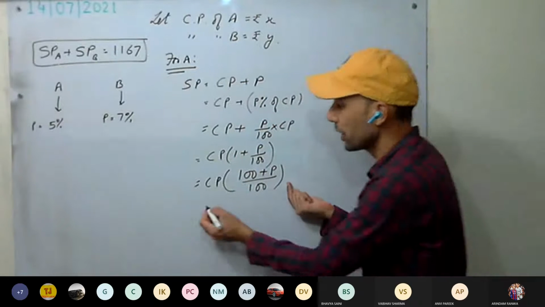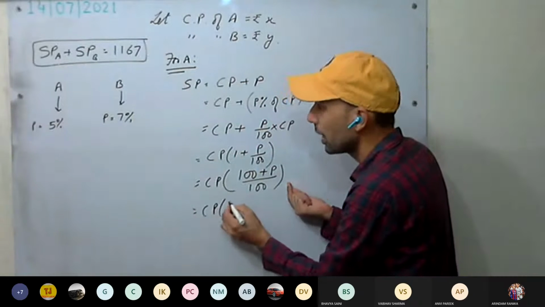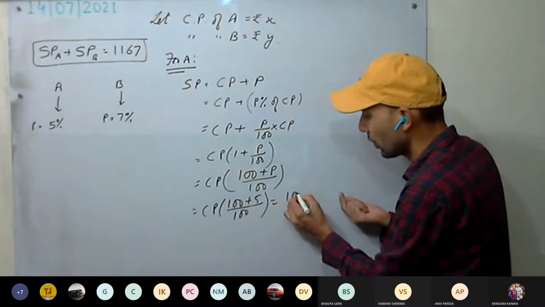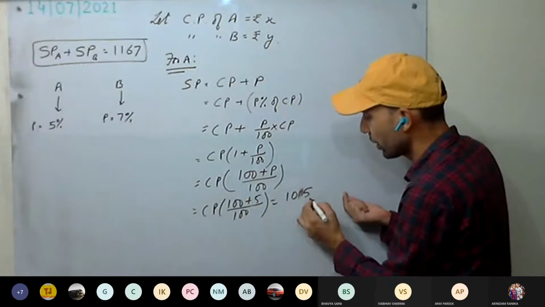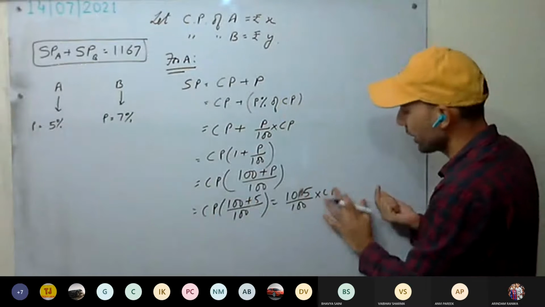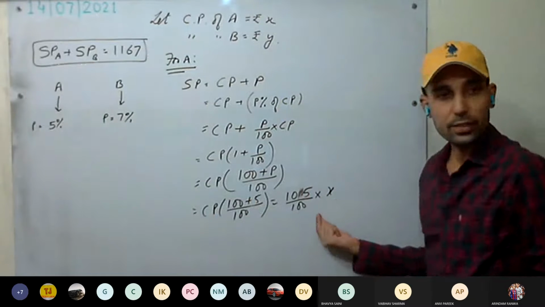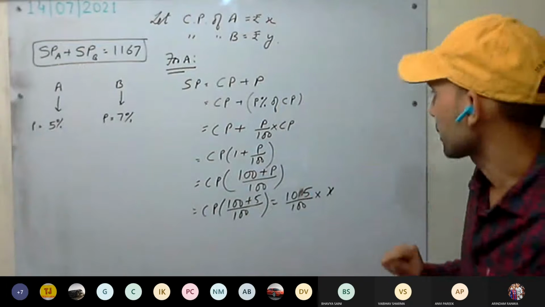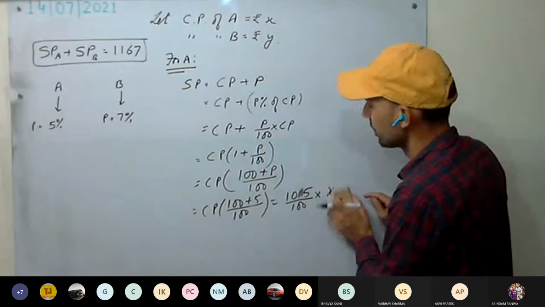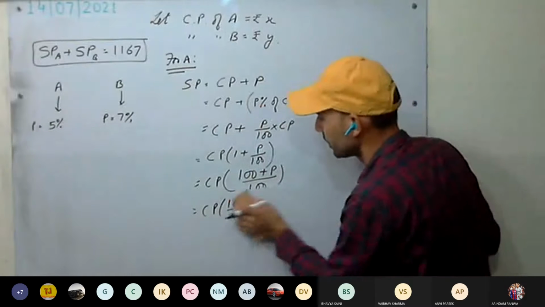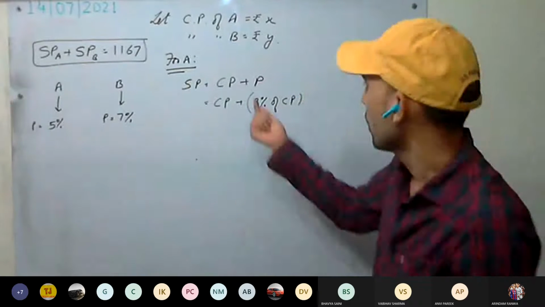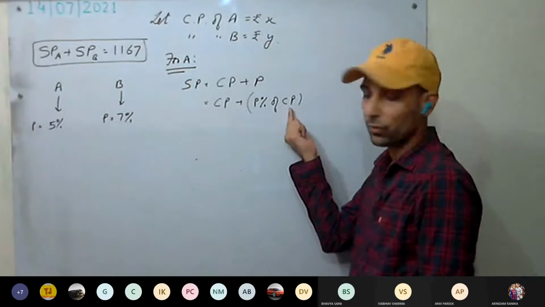Okay. So either you can simply do CP times 100 plus 5 upon 100. You'll get 105 upon 100 of CP. And CP we have taken here as X, so 105 upon 100 of X. Or, this you all know, CP plus profit percent of CP.